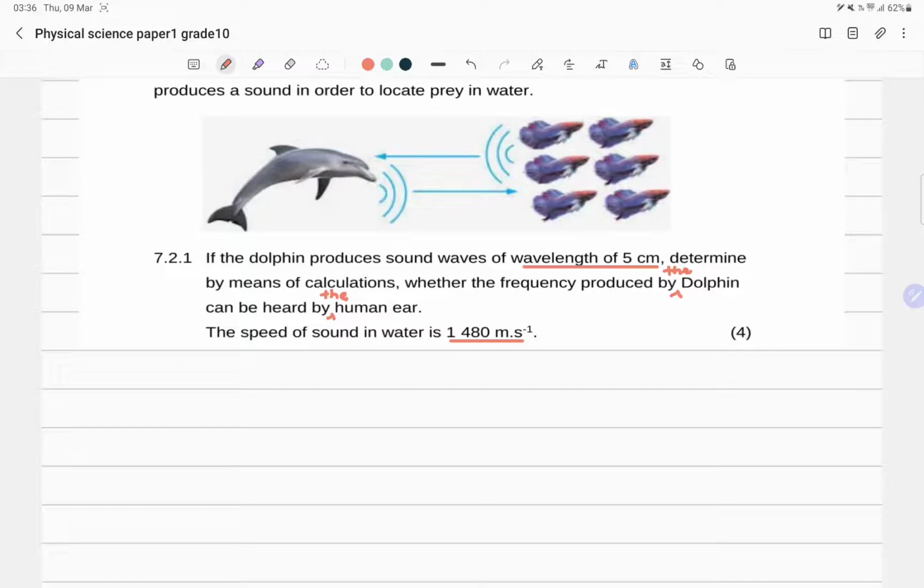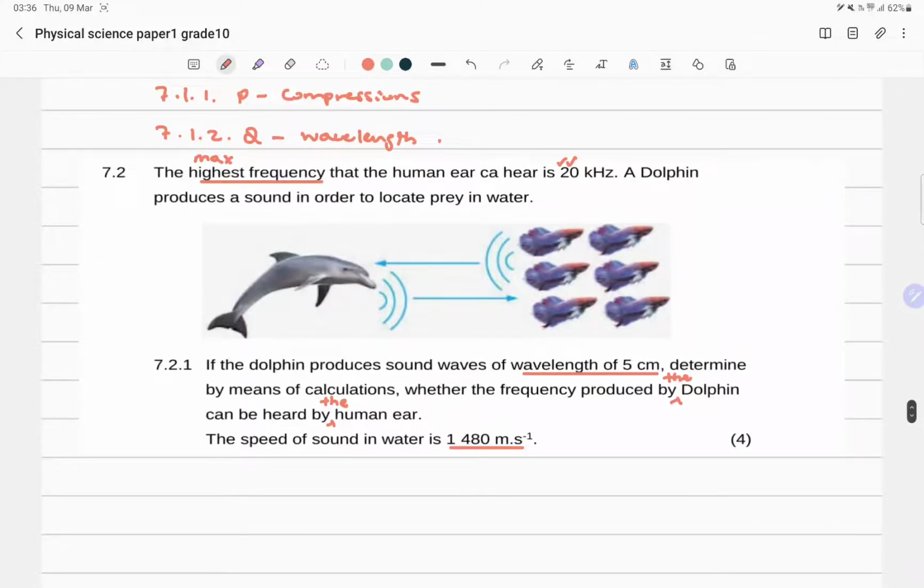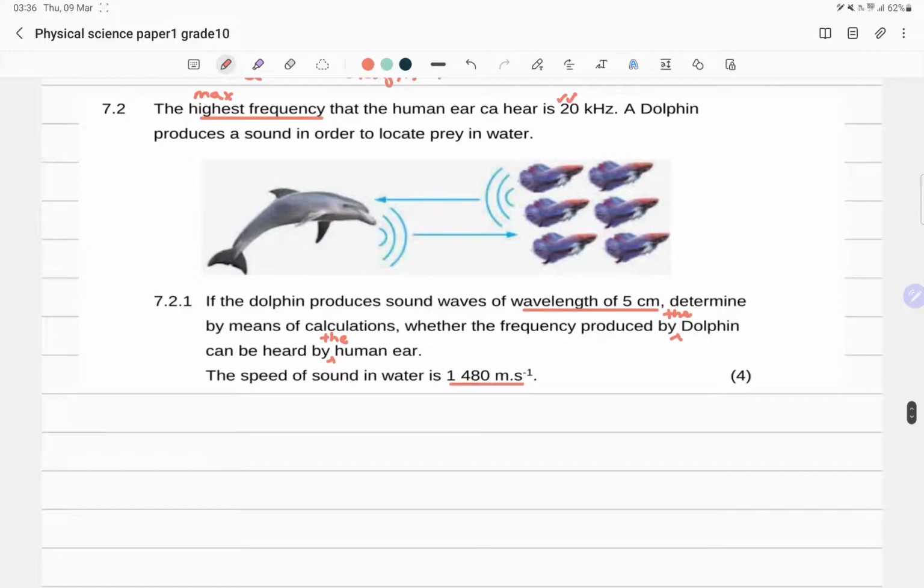Okay, guys, now this is easy. All this is trying to say is that we need to find the frequency of these waves, because we want to compare it to the maximum a human ear can hear. The general wave equation says speed equals frequency multiplied by wavelength, so the speed here is 1,480 equals frequency times the wavelength.